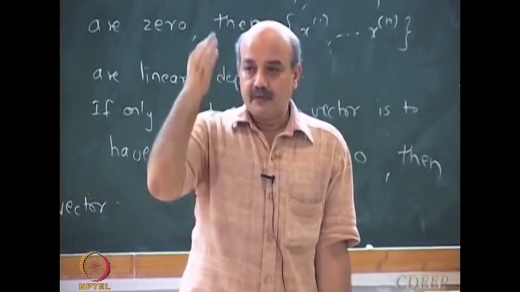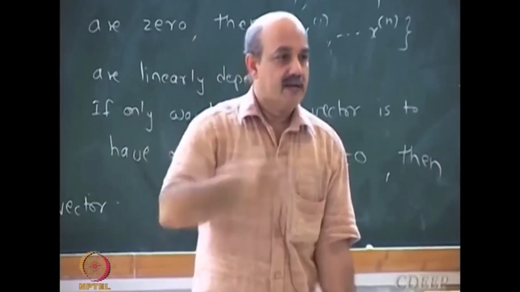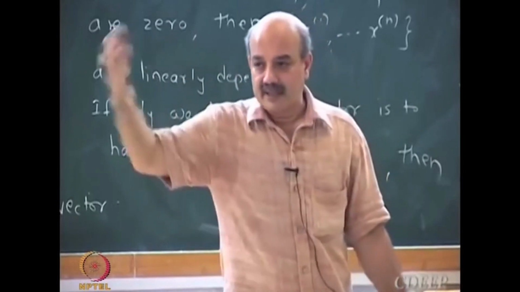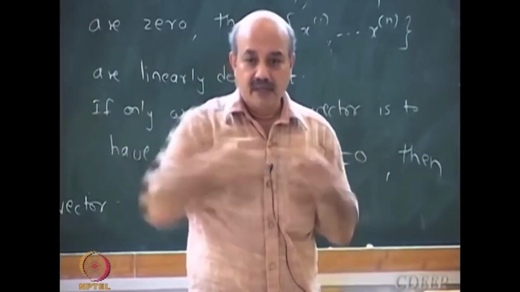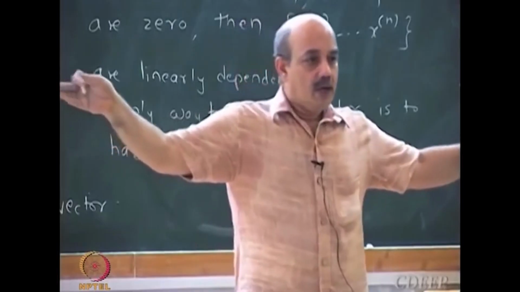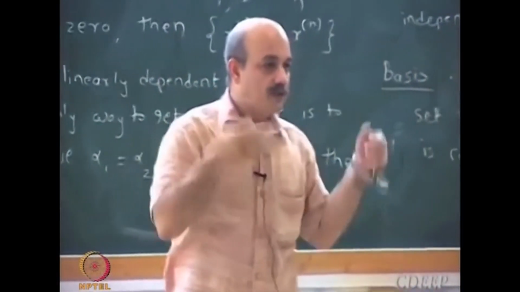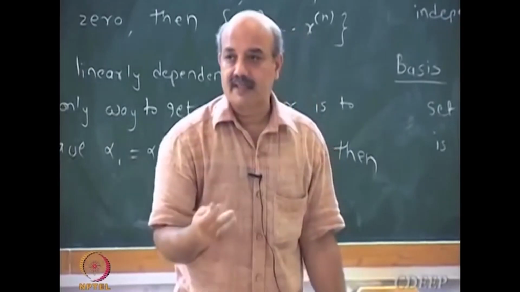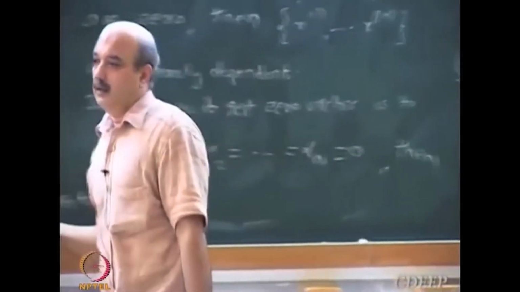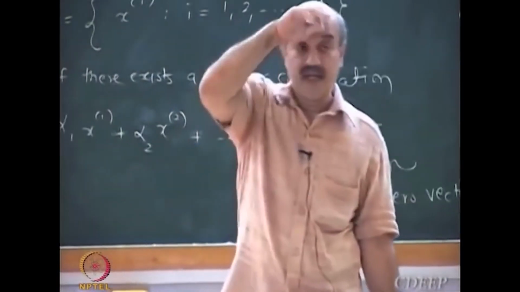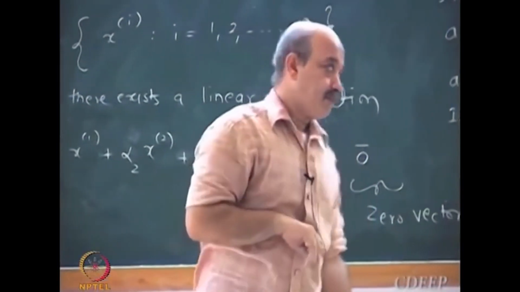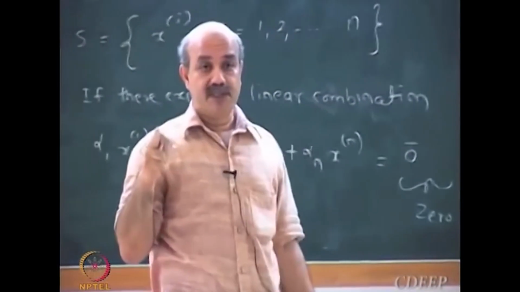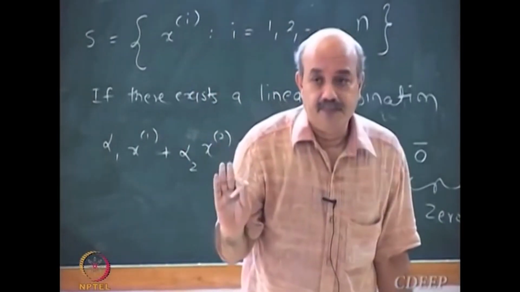Linear combinations of sine pi x, sine 2 pi x, sine 3 pi x, sine 4 pi x, and so on, infinite. All these vectors actually form a basis, and we can show that they generate the entire subspace. The dimension of that particular subspace is infinite.